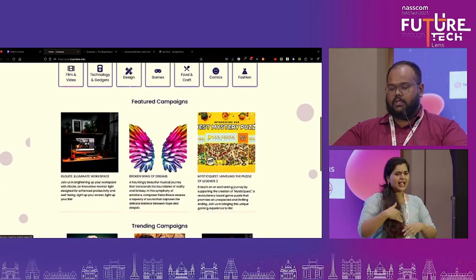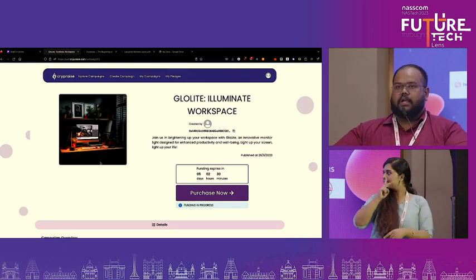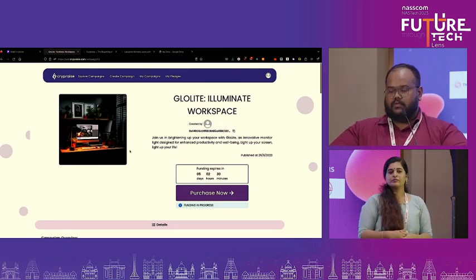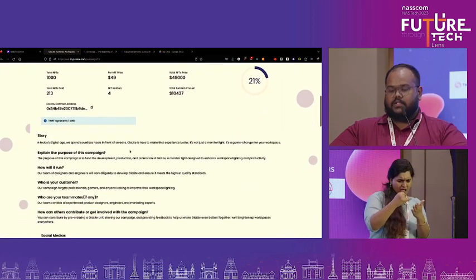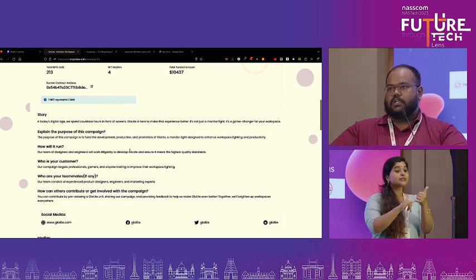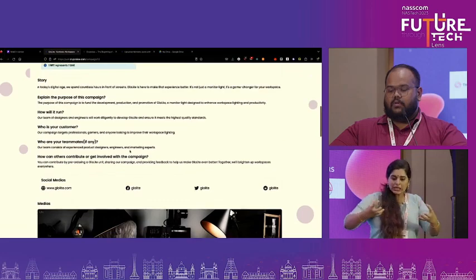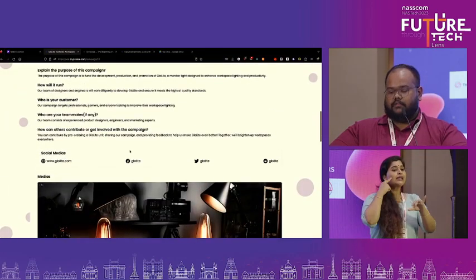For example, I'm going to the campaign for a light right now. This is a table lamp which you can use to illuminate your workspace. You can go through the entire story. For example, here we use Heilmeier's Catechism, the framework used by NASA and DARPA to evaluate the feasibility of a product. We use Heilmeier's Catechism to define how a product is going to be built and so on.